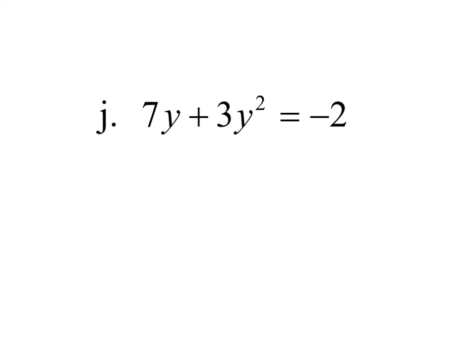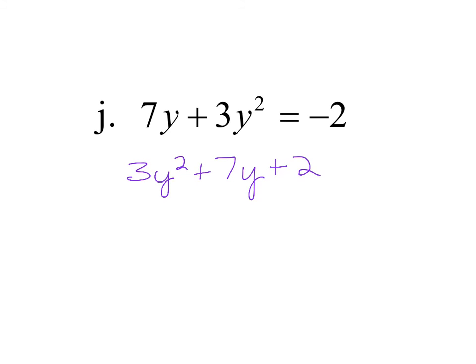All right, one last one to do, and then we're done with this lesson. I'm going to write this in standard form. So I flipped those 2, and then I'm adding the 2 to the other side to get this in standard form. Leading coefficient, it's prime, so I really only have one choice.